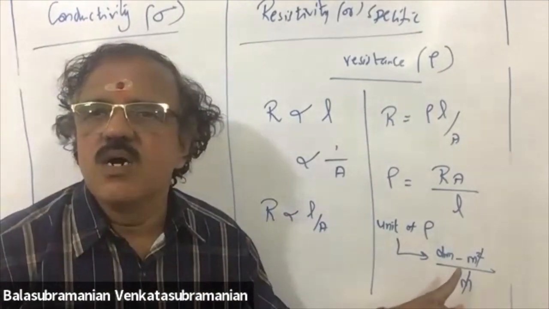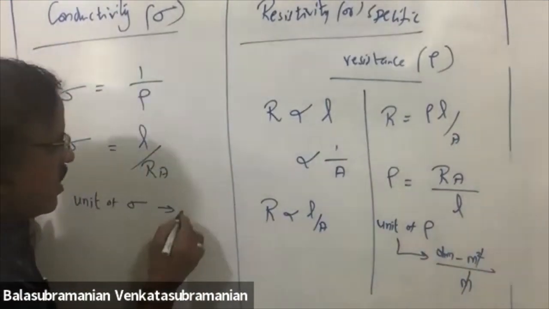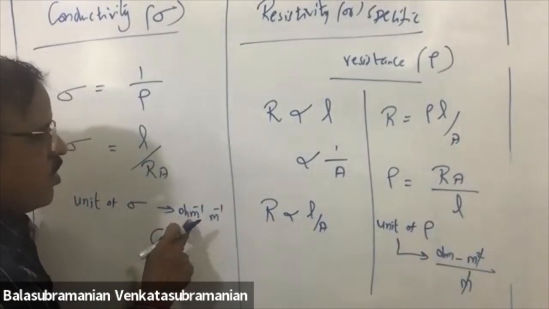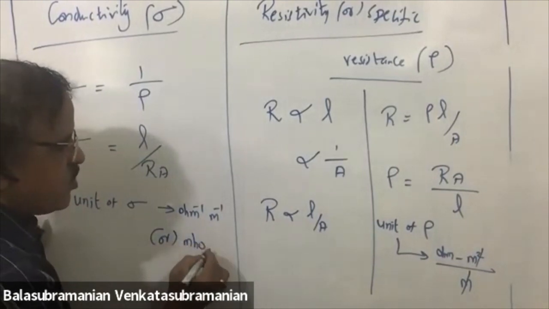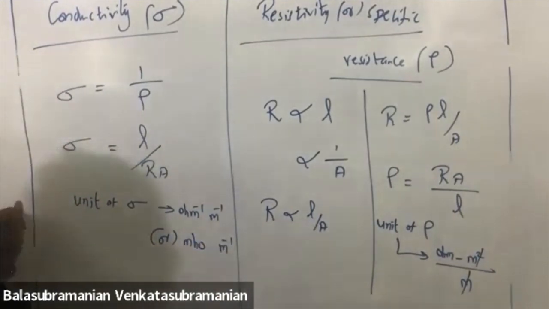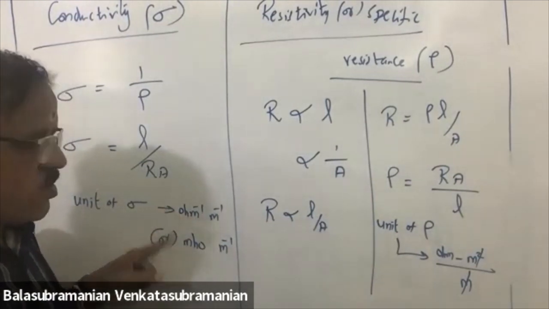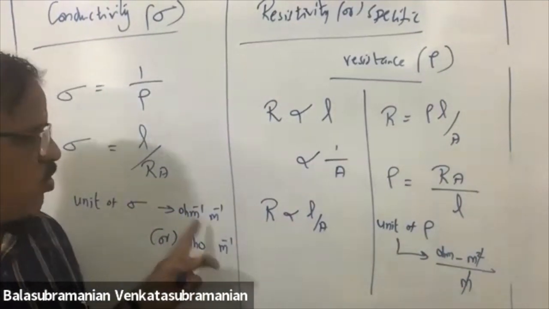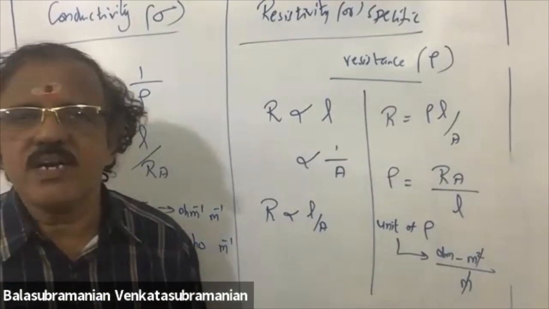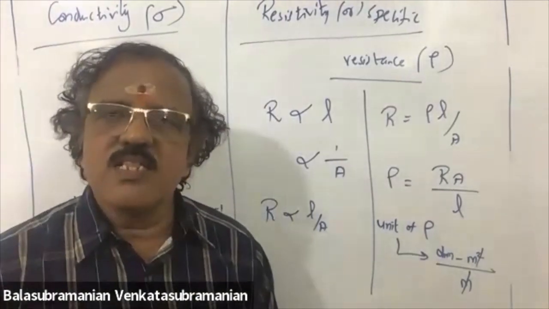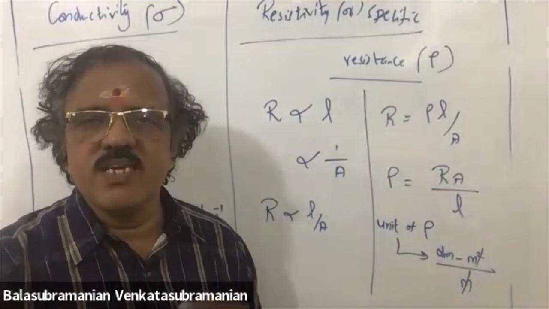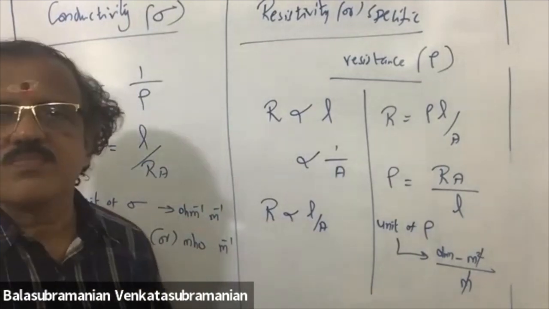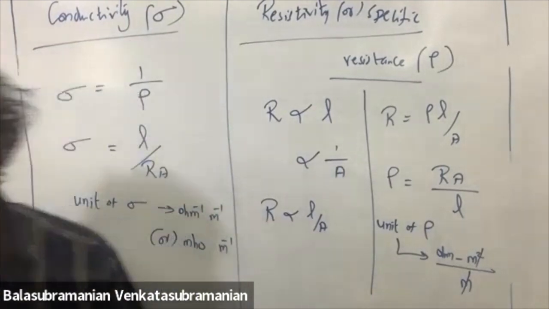What is the rho unit? Ohm meter. So I can write ohm power minus 1, meter power minus 1. Ohm power minus 1 you can write as mho, meter power minus 1. Not everywhere you have to write this, only at this point. Here alone, ohm inverse we are writing as mho. Any other unit with power minus 1, you cannot do this. Only in this conductivity unit, ohm inverse we write as mho. Simple concept.